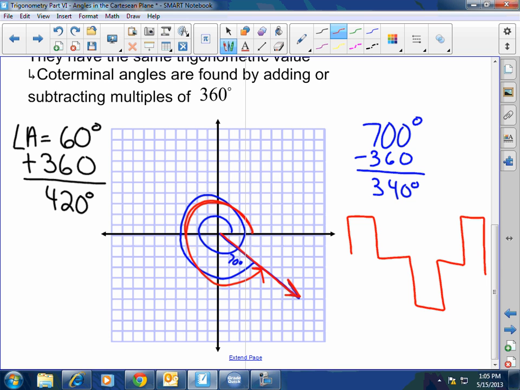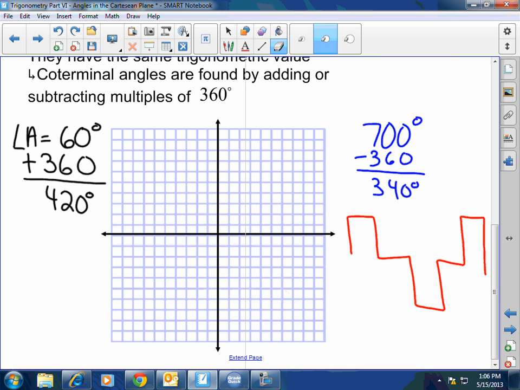Have you ever seen revolutions per minute on the odometer of your car? And they're in the thousands. They're measuring how many times your engine block goes around, because every time it goes around, the pistons go up or down.